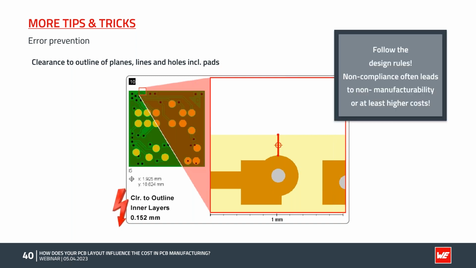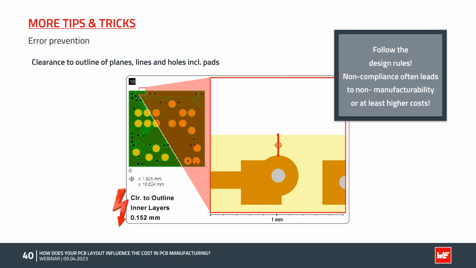So this means please follow the design rules. The design rules give you a hint where we feel quite comfortable, I would say, so that everything from a quality point of view and from how we are running our machines is okay.